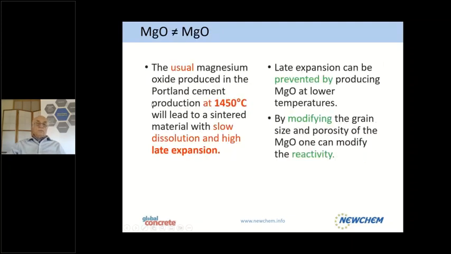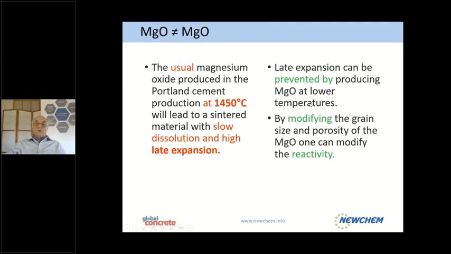Looking at the production temperature, the usual magnesium oxide produced in Portland cement is produced at the Portland temperature, naturally at 1450, which means that the magnesium oxide is a sintered particle where the volumes are low, and the reaction is very slow because the surface is not very big.